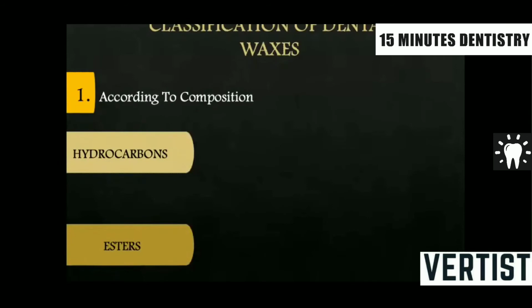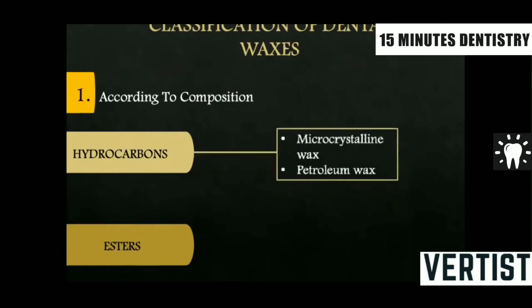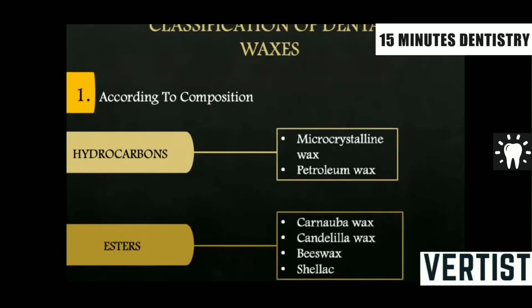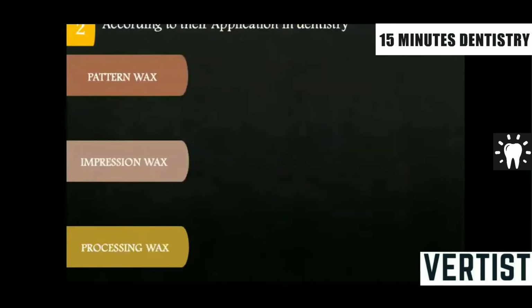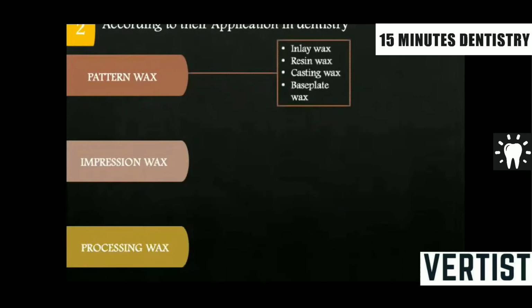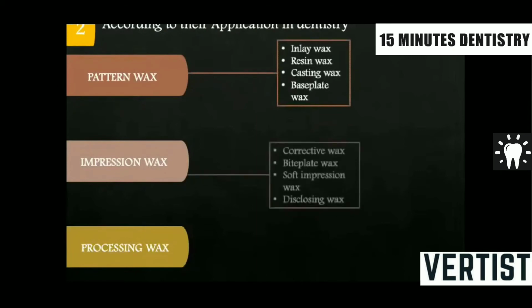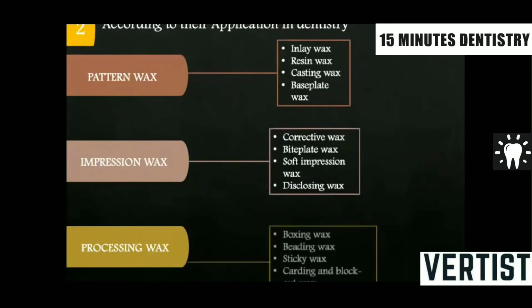Before I tell you how we make the dental waxes, let me tell you about how we classify the dental waxes. That is most important. So first is according to the composition: you have the hydrocarbons, you have the esters. Then you have the pattern wax, which are according to the applications in dentistry, impression wax, and the processing waxes.